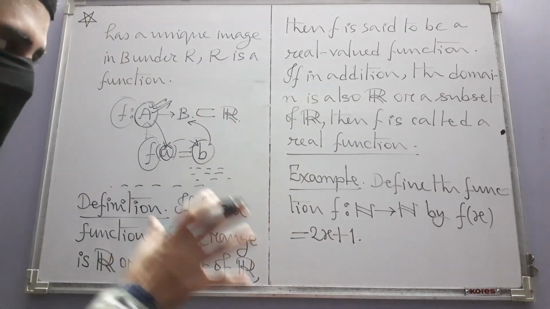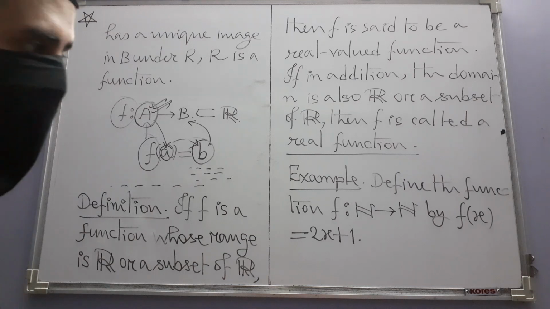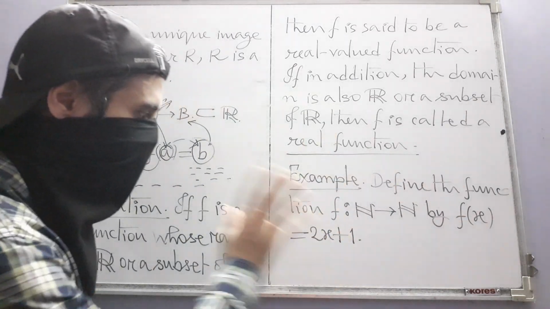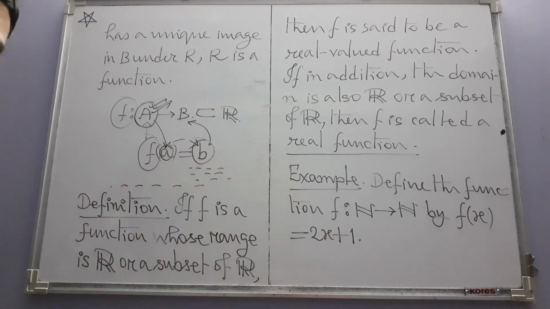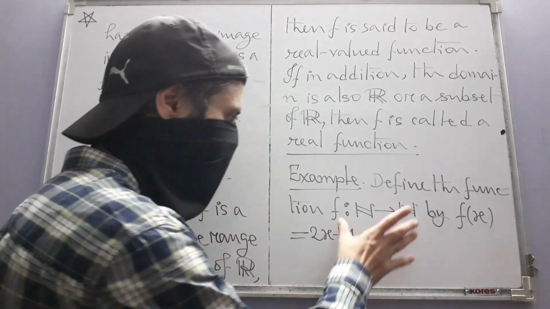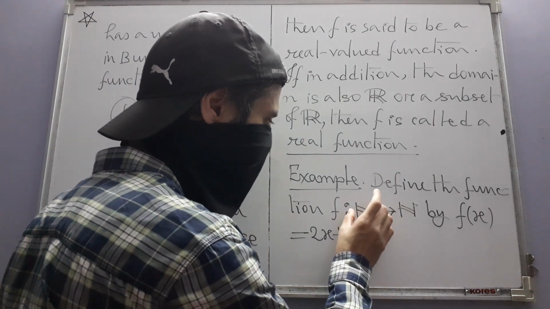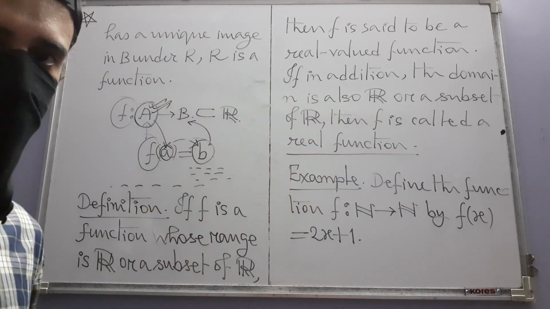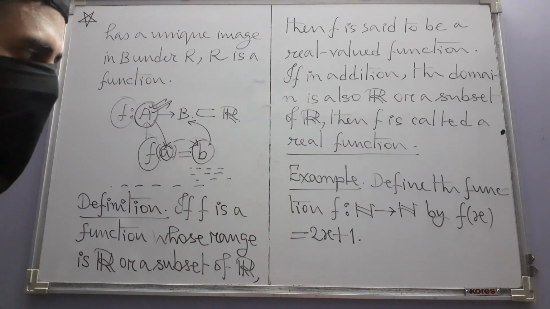Now this may at once look a little confusing. We are saying define the function like this. This is not looking like a function. Of course, we understand that f is a relation from N to N. But where is the set f? We do not see a set here.